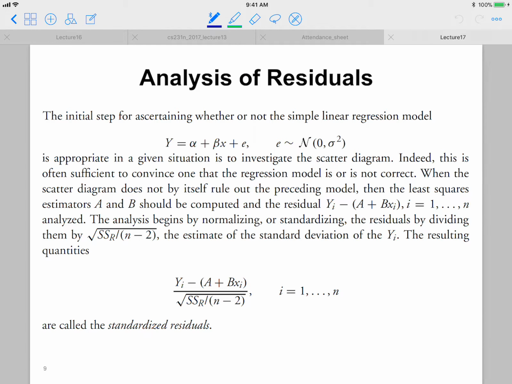And the next part is about the analysis of variance, analysis of residuals. This is a quite practically useful technique to know.